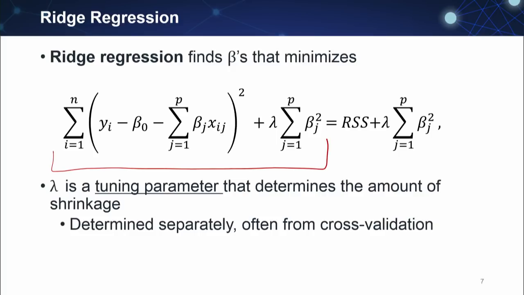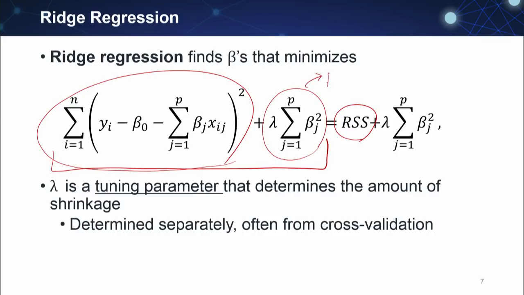In the linear regression case, this first part is the RSS, the error term. The RSS is the same as that of the ordinary linear regression. Then this second term is called the penalty term, or shrinkage term.